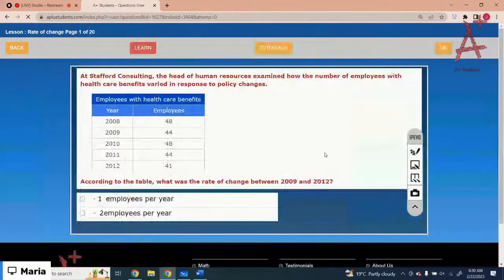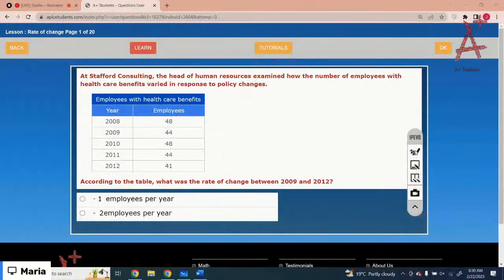Let's just start with the practice questions. Okay. At Stafford Consulting, the head of human resources examined how the number of employees with healthcare benefits varied in response to policy changes. According to the table, what was the rate of change between 2009 and 2011? So here is 2009 and here is 2011.